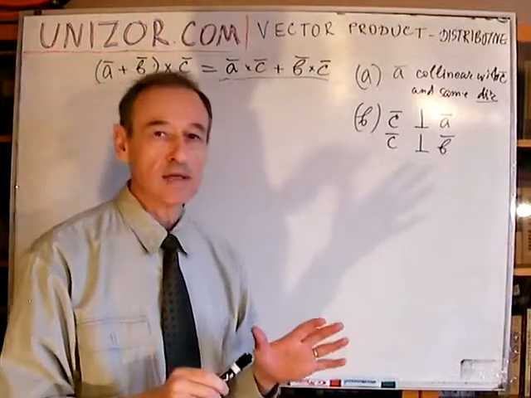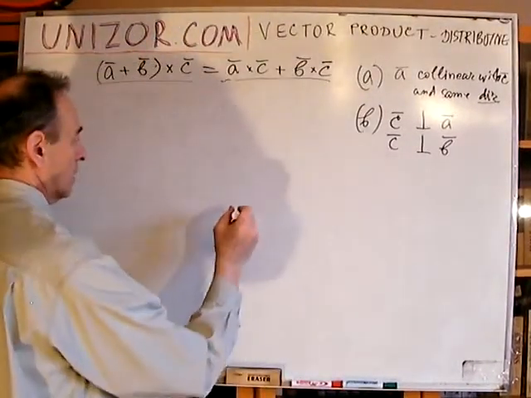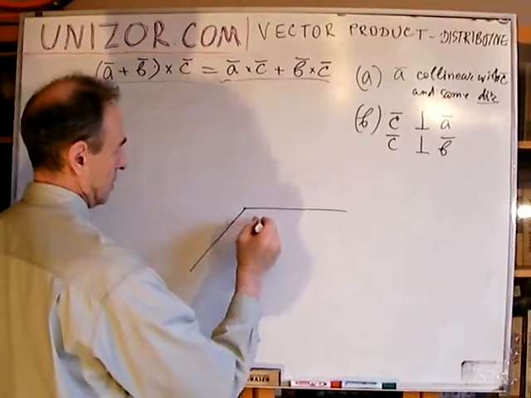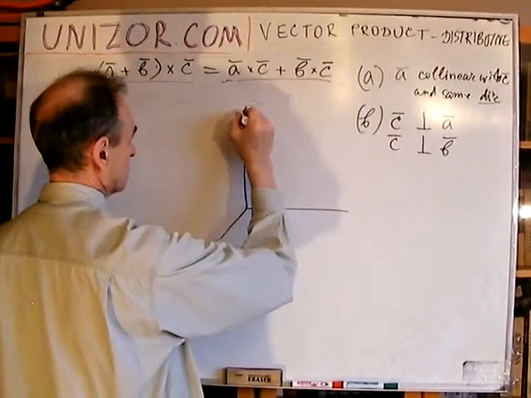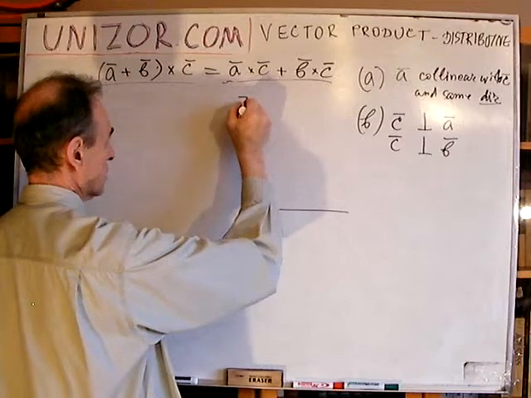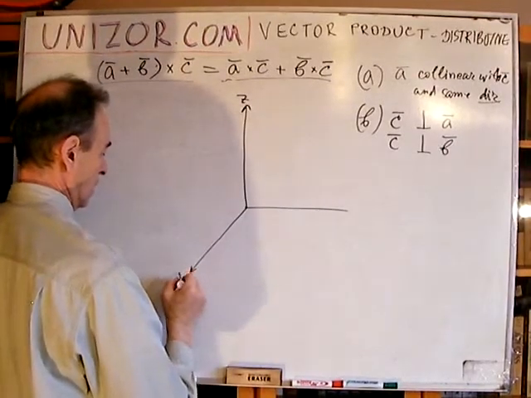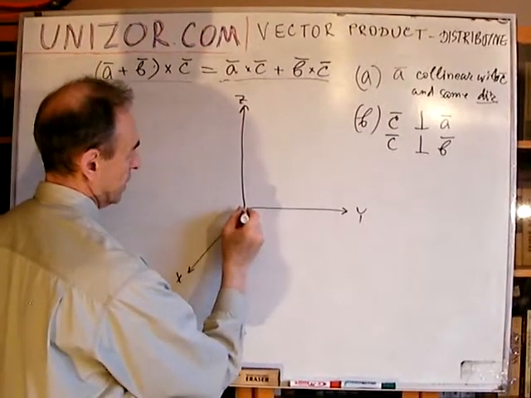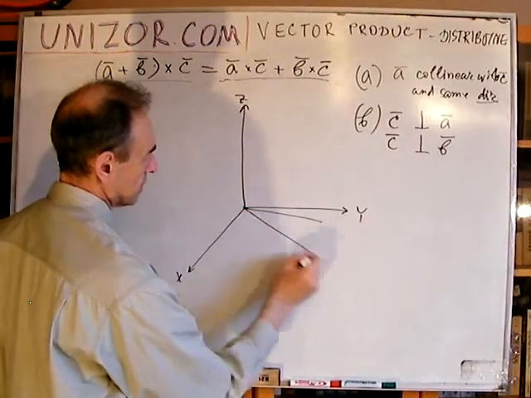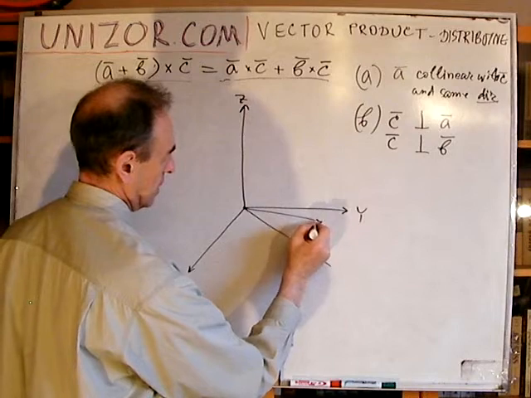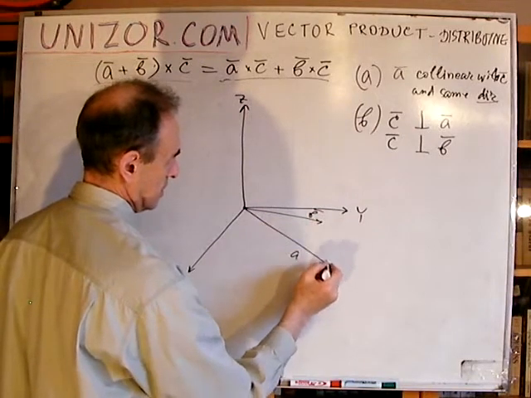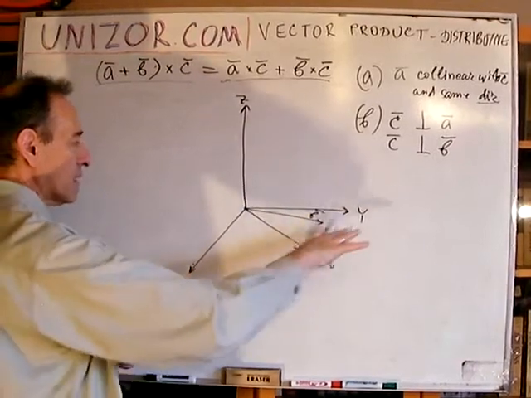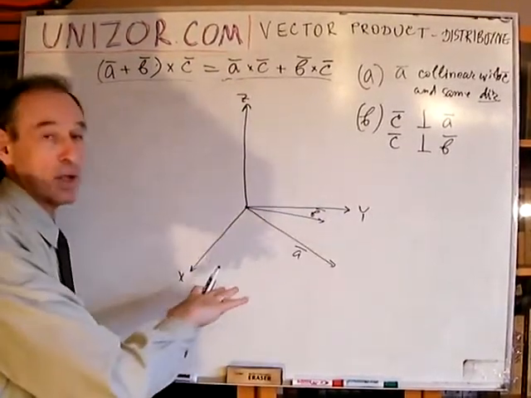So this is the case when, I will also draw coordinates, although I don't really need them, just to have some kind of space representation. So if these are two vectors, A and B, and they belong to some plane, right?